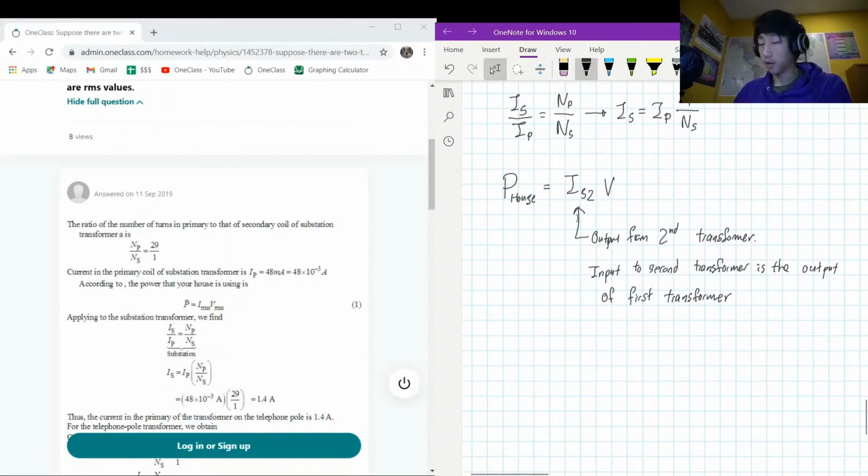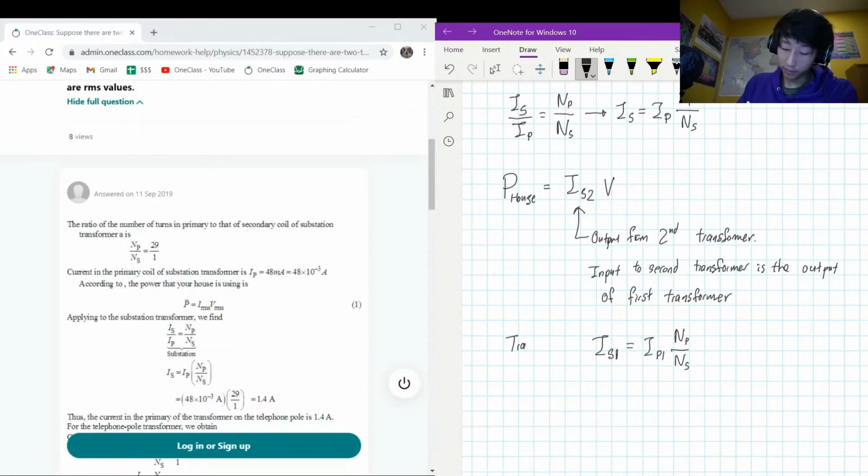Okay, so if our first transformer is like this, let's call that IS1, which is equal to IP1 times NP over NS. So this is transformer 1. And this is all equal to I primary 2.